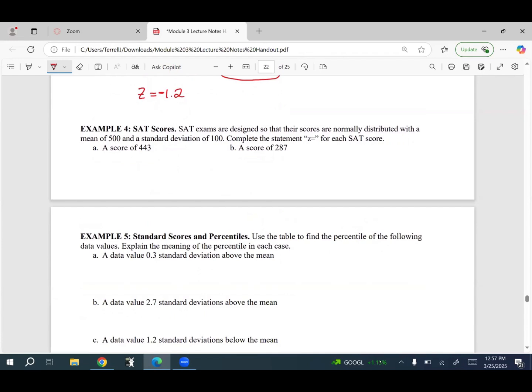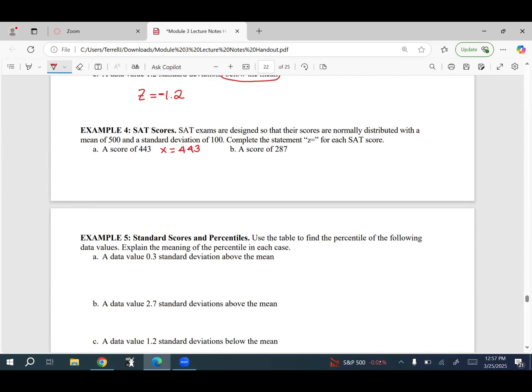Example 4, SAT scores. SAT exams are designed so that their scores are normally distributed with a mean of 500 and a standard deviation of 100. Complete the statement z equals for a score of 443. So that score is an x, an individual data value. And what we're being asked to find is, what is the z-score for this data value?